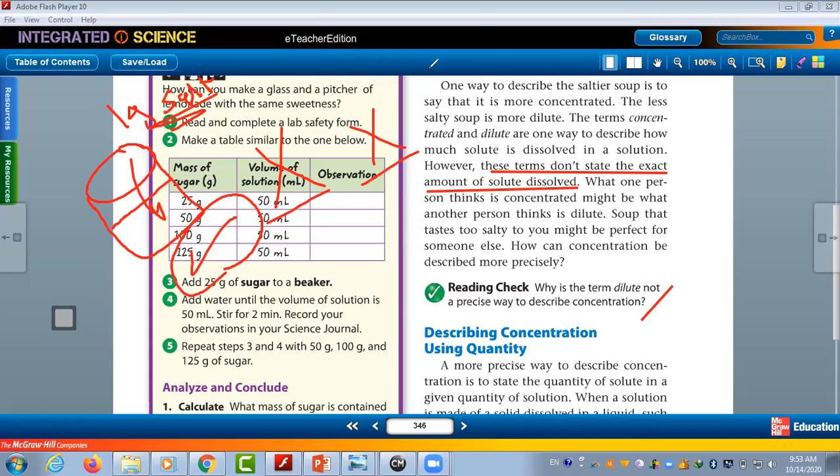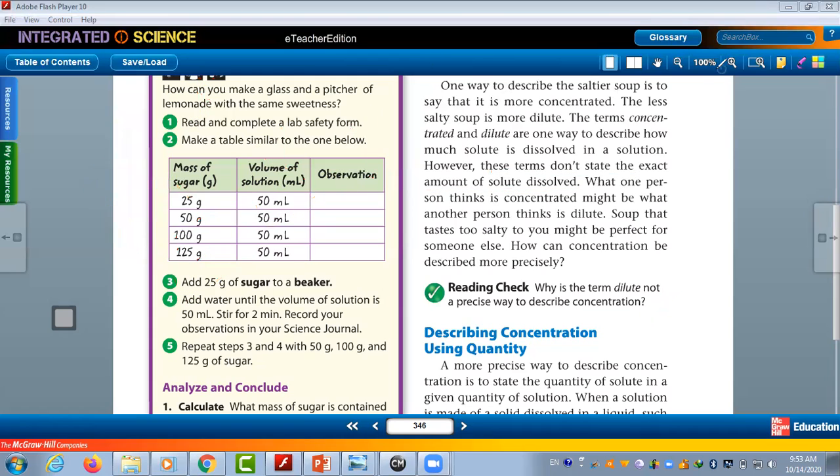So if we go back to the video, we saw that she changed the amount of the solute, and so the concentration changed.